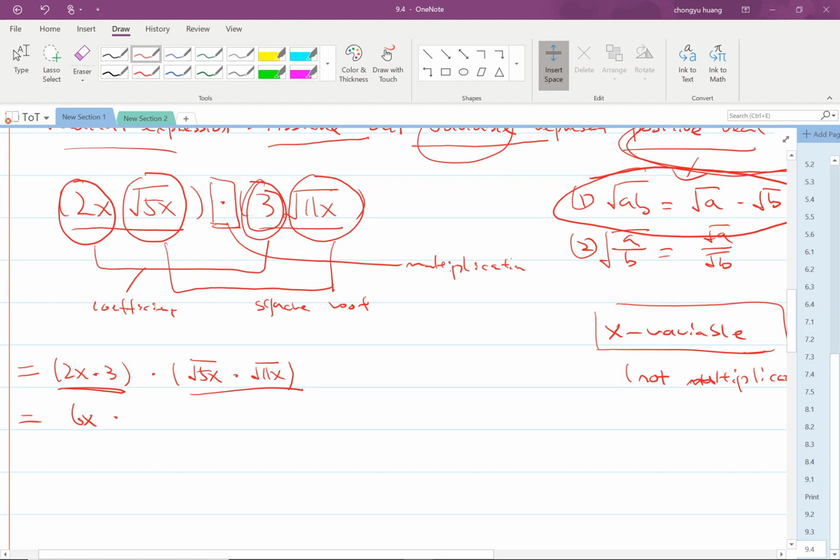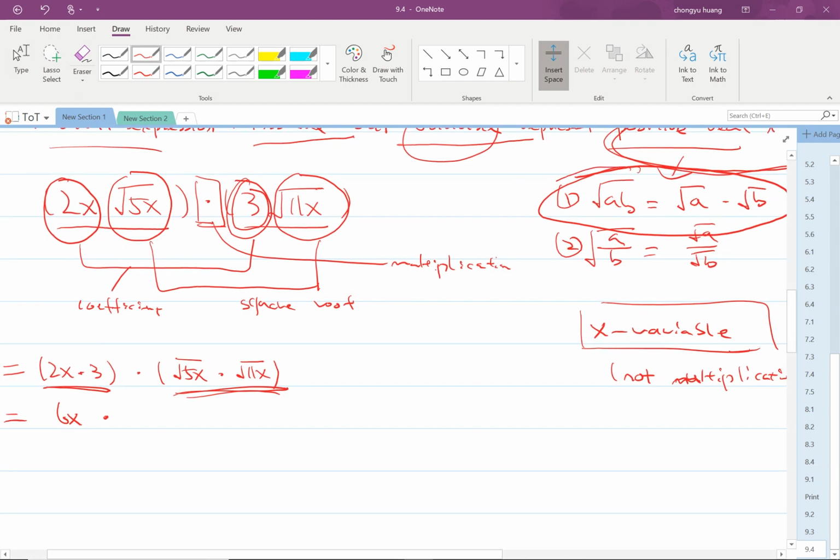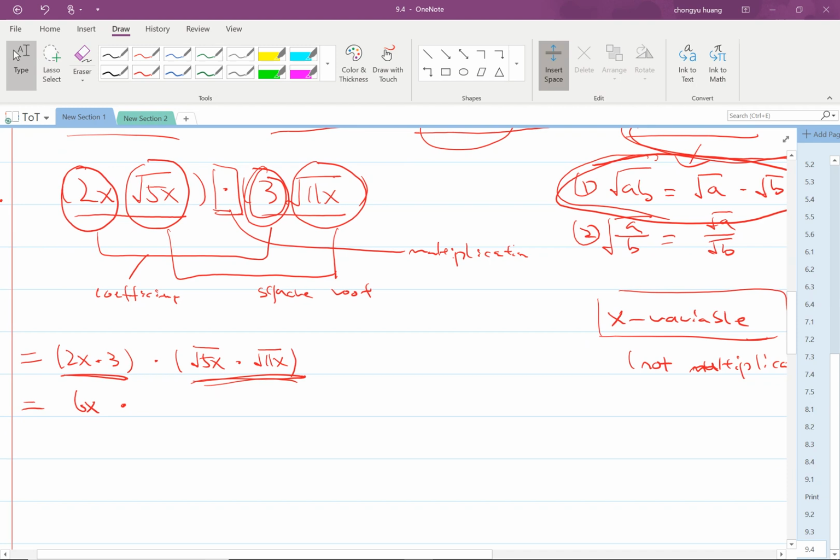For the second term, let me write it in a better form. The second term is the square root of 5x multiplied by the square root of 11x. Now we are able to use this property. AB is equal to the square root of A times the square root of B. You can use this property directly on the thing over here.